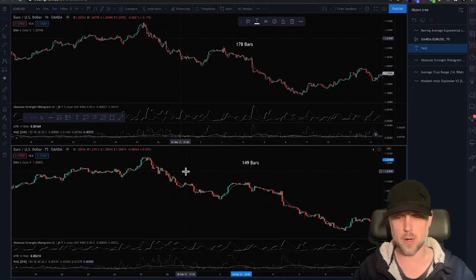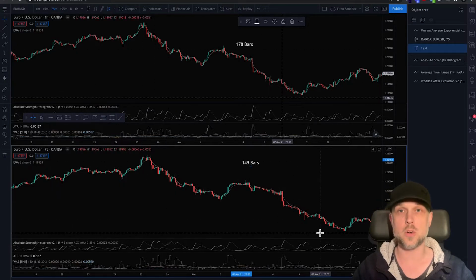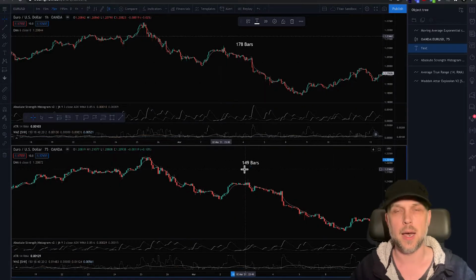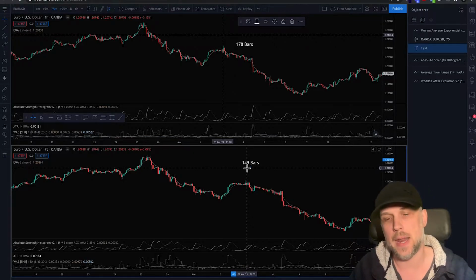We're going to count how many wicks there are in this trend versus this trend. But of course, people would say, well, of course there will be fewer wicks on this trend because there are fewer bars. I totally get it. That's why we're going to be counting the ratio of bars that have wicks, or ratio of candles that have wicks.